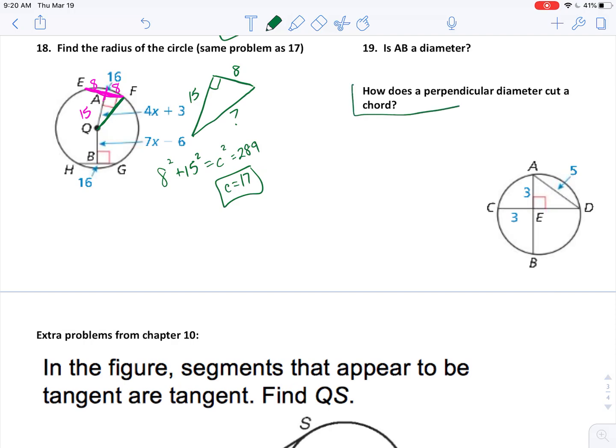Now check out 19. Is AB a diameter? Well, what do we know about how a perpendicular diameter cuts the chord? Over here, how is this chord cut by the perpendicular line through the middle? So we're given 3 and this length ED, which I don't know. But how in the world could I find that side length?